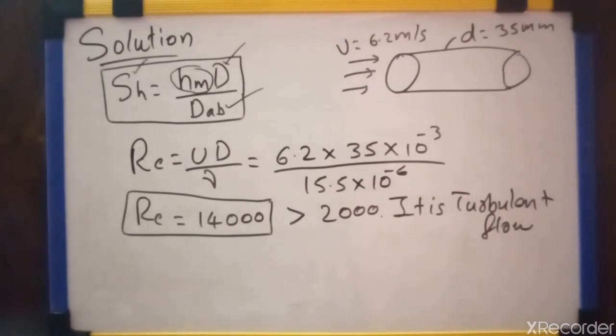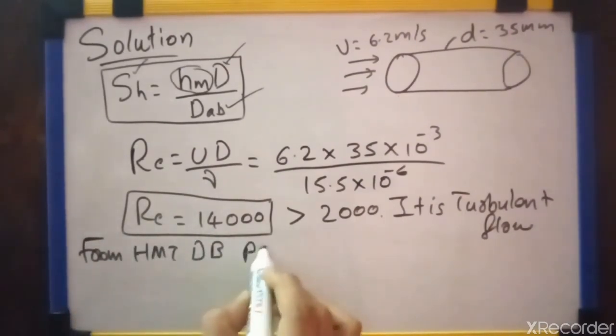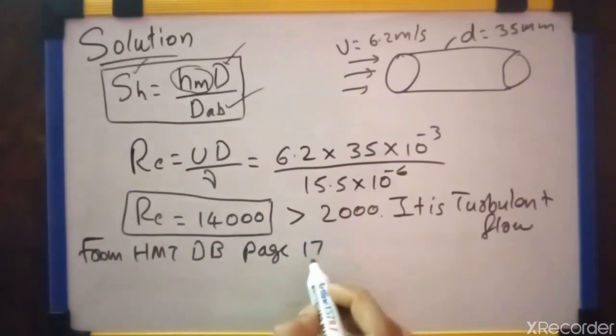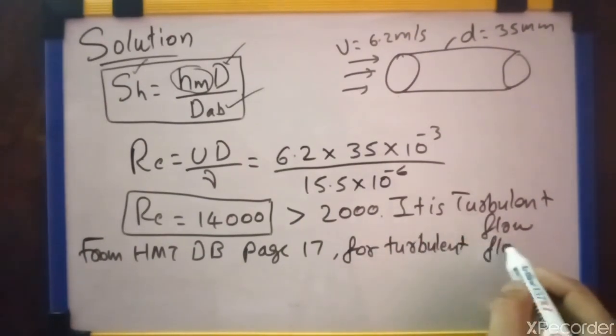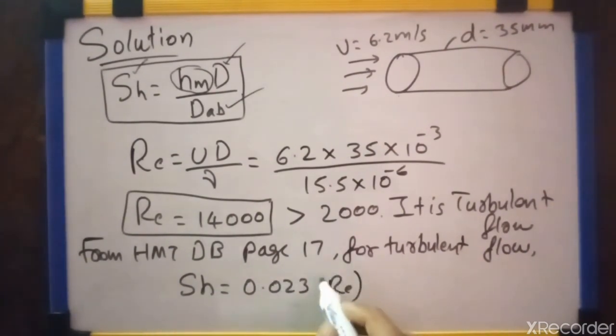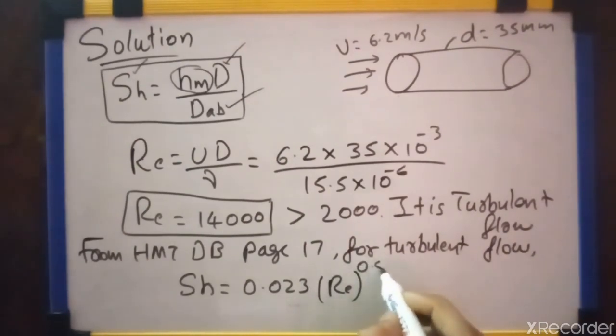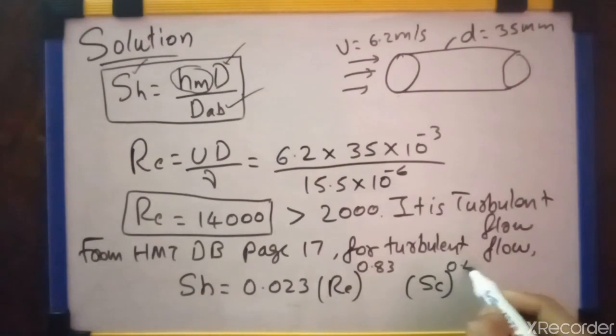Then from HMT data book, page number 17, for turbulent flow, Sherwood number Sh is equal to 0.023 into Reynolds number raised to 0.83 into Schmidt number raised to 0.44.